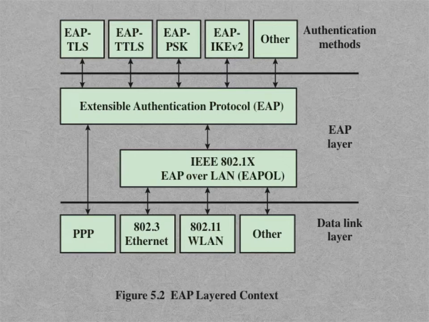So you have the data link, and you have what we call the extensible authentication protocol layer. Of course, above the data link layer we have the network layer, so you can perceive this as spanning both the network and the transport layer.